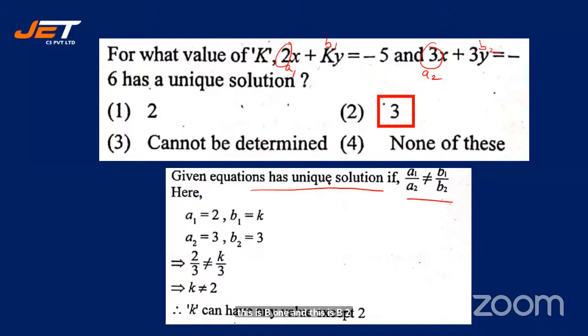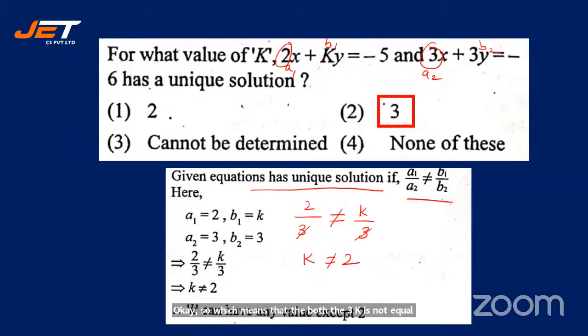So, here we say A1 by A2 is not equal to B1 by B2. Which means that both the 3s will get cancelled. So, k is not equal to 2. So, k can have any value except 2. So, you cannot say that it cannot be determined. It can be determined. So, even this option is wrong. And it is not none of these because other than 2, if any other number is given, then that is the answer. That is why we have ticked 3 as the right answer.